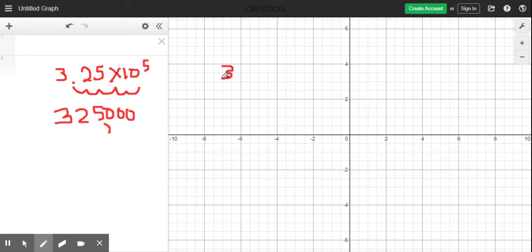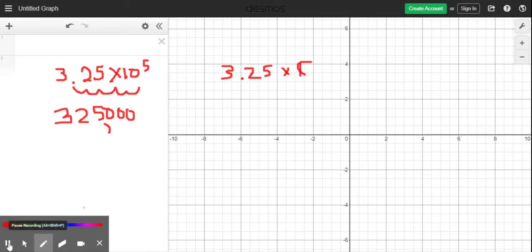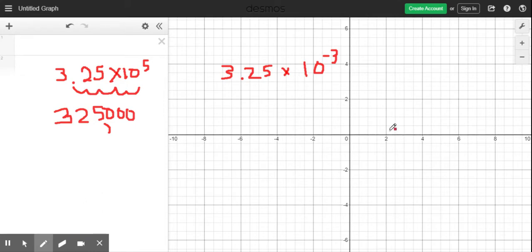Now, on the other hand, if we had 3.25 times 10 to the negative 3 power, then we would need to move our decimal back 3 places to convert it into just the regular standard notation.